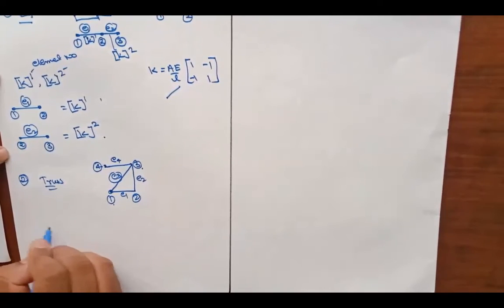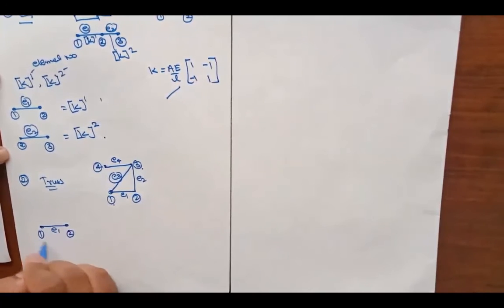Therefore in a truss, using the truss formula you should find the element stiffness matrix for element 1, having nodal numbers 1, 2, and denote it as K1.